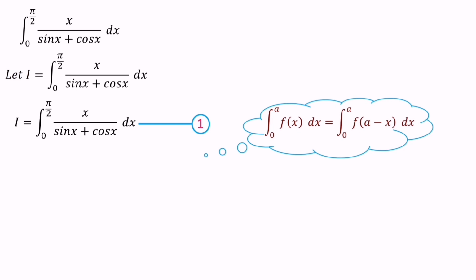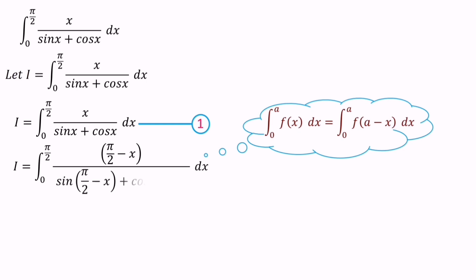So we can rewrite this capital I as integral 0 to pi over 2, in the numerator pi over 2 minus x, over sin pi over 2 minus x plus cos pi over 2 minus x. Sin pi over 2 minus x means sin 90 minus x. Sin 90 minus x equals cos x. Cos pi over 2 minus x means cos 90 minus x.